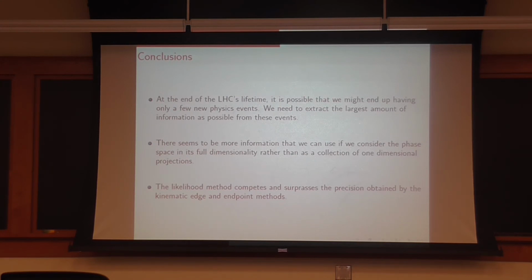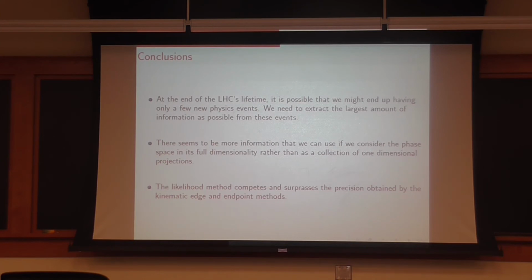And conclusions. So it looks like we might be in trouble in the sense that we're not going to have too many new physics events at the end of the LHC's lifetime. So we really need to focus on methods of extracting the largest amount of information from them. And it looks like if you look at the full dimensionality of the phase space, you actually collect more information than a collection of one-dimensional projections, which is just the edge and endpoint methods.